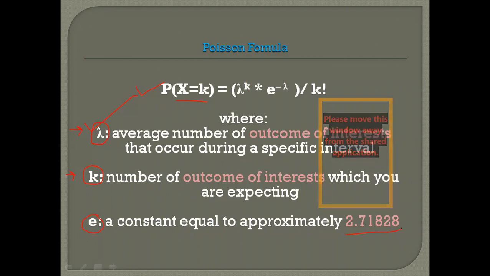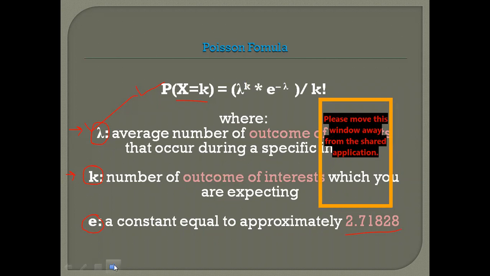Some of you may be interested in E. It's a very interesting concept, and I would suggest that you go through what E is. It tells you something about growth. But here we don't need it. Just use it and make your life easy.